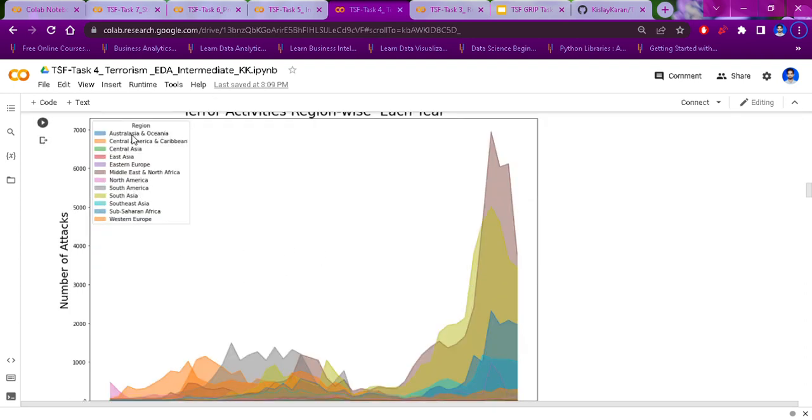For the regions we see that the Middle East and North Africa is highest, followed by South Asia, and the least is shown by the Australia and Oceania region, which will be somewhere down below, this blue line which goes.